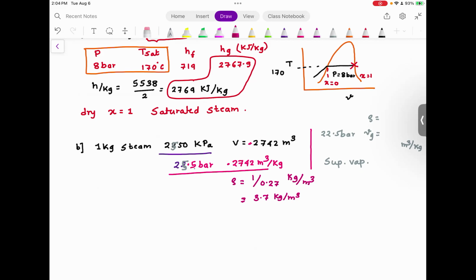Were you able to locate that point on the Mollier diagram? If you don't have a Mollier diagram, the easiest way to do it is to check the specific volume. Specific volume is greater than Vg. That means that is superheated. So the state is superheated steam.